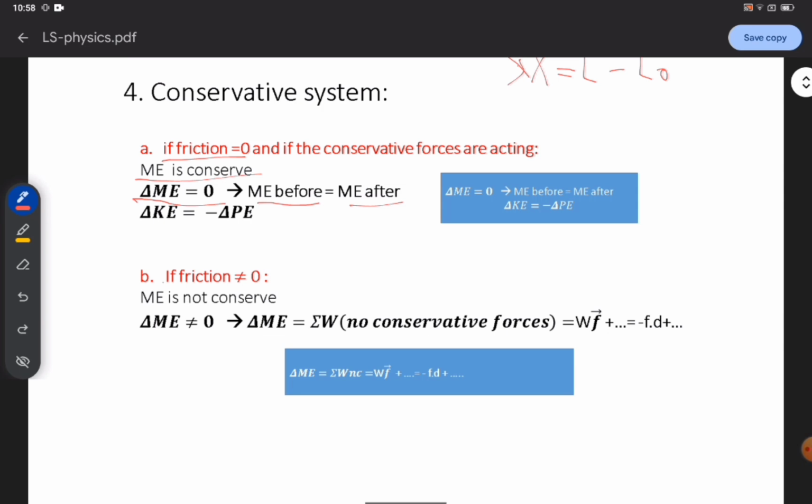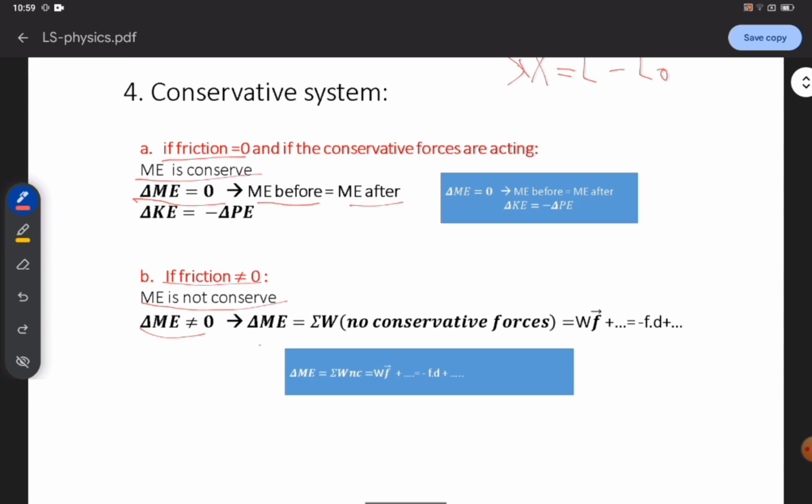If friction is different than 0, then friction exists, so mechanical energy is not conserved. Therefore, delta ME is different than 0, then delta ME equals the sum of work of non-conservative forces.